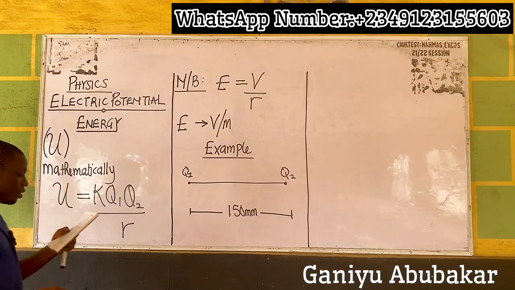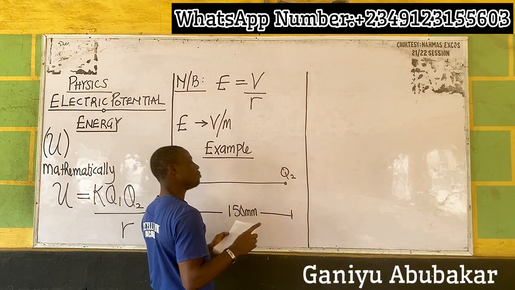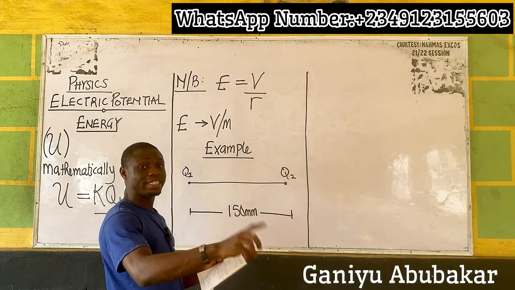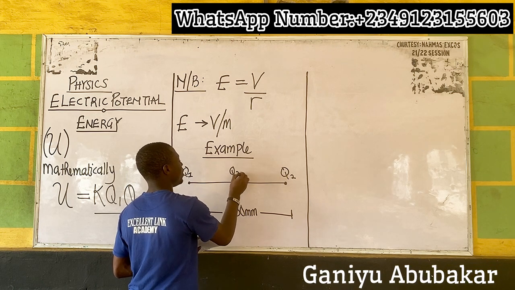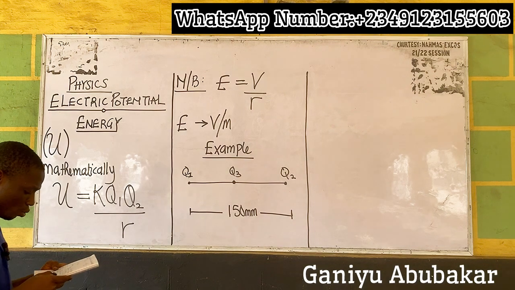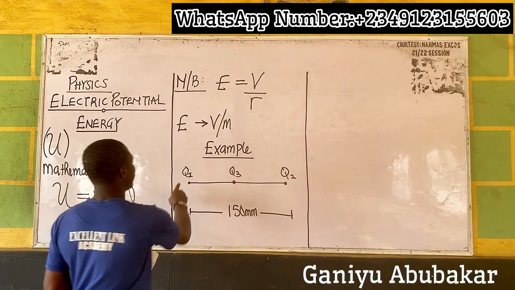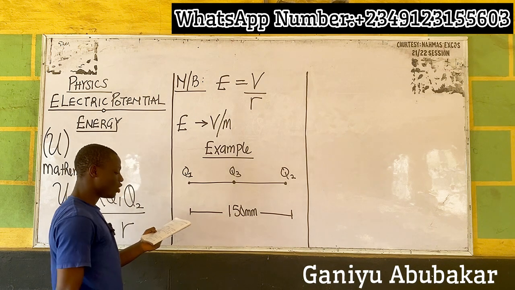It says the third charge Q3 is placed midway, at the center. So let's say charge Q3 is placed midway between Q1 and Q2. We are to find the electrostatic potential energy on Q3.